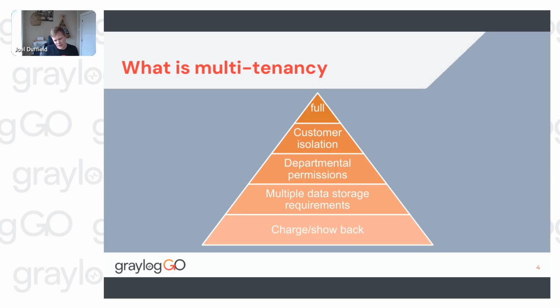I look at it as a pyramid where at the lowest level, we don't care who sees what. This is probably going to be an internal use case. We have different people coming in. But a big challenge that we see very often with our customers is that the department that runs Graylog and most often pays for Graylog is not necessarily actually in charge of or has control over the data that comes in.